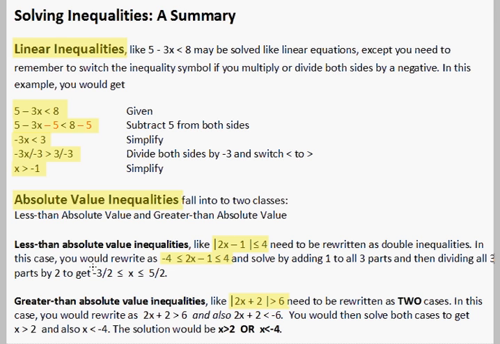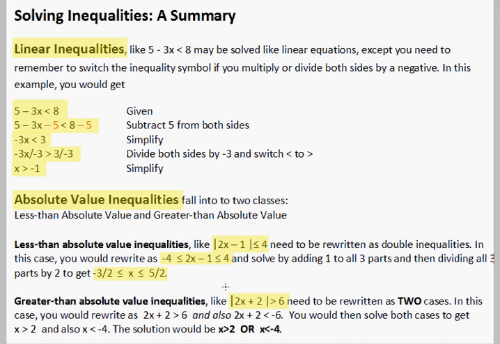And the answer we end up getting is negative 3 halves less than or equal to x less than or equal to 5 halves. You'll notice that with less than absolute value inequalities, our solution interval is always trapped in between two values on the number line. So it's always going to be some middle region.